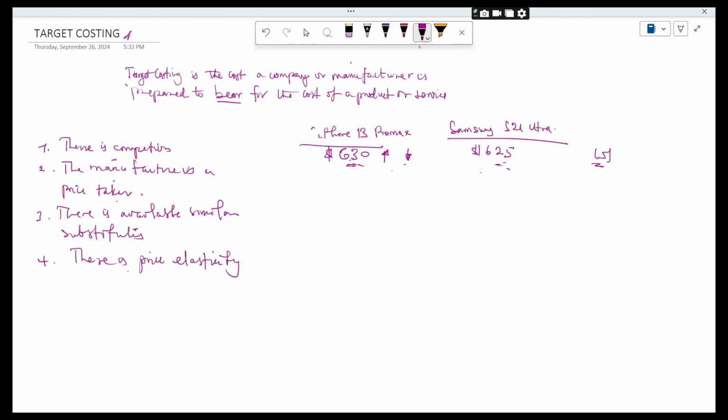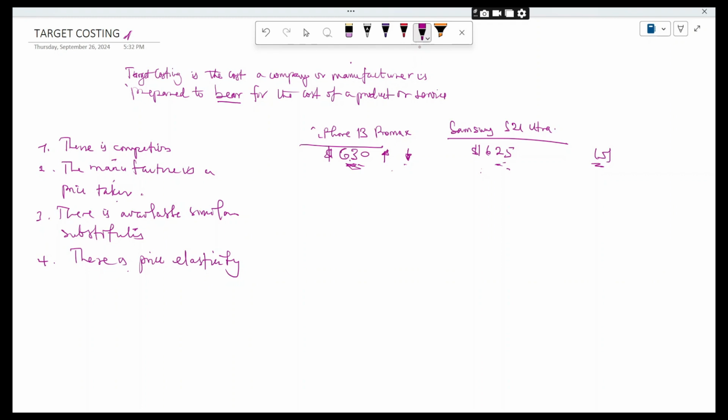So before a company will come out with a product, they will survey the market and look at similar products that consumers can switch to and have the same level of satisfaction. So when they obtain the price, then they will determine their profit margin and the cost that they are prepared to bear in producing that product.